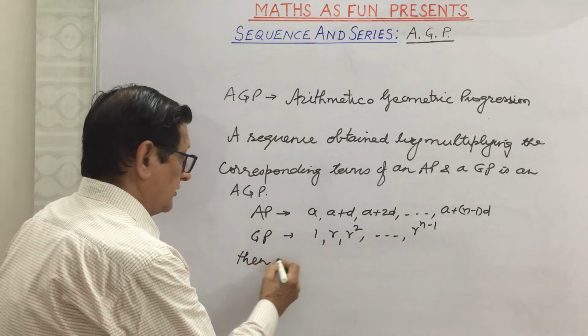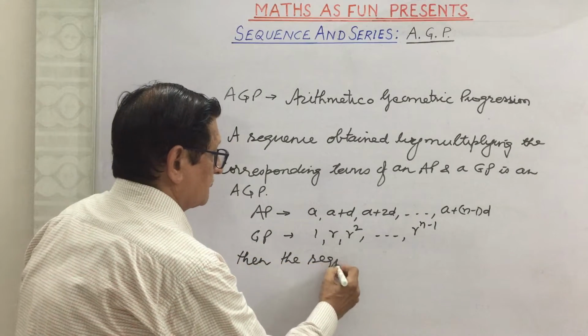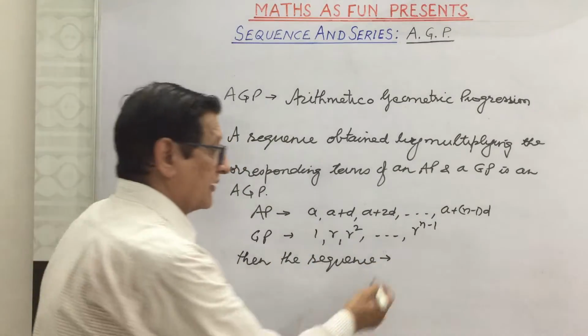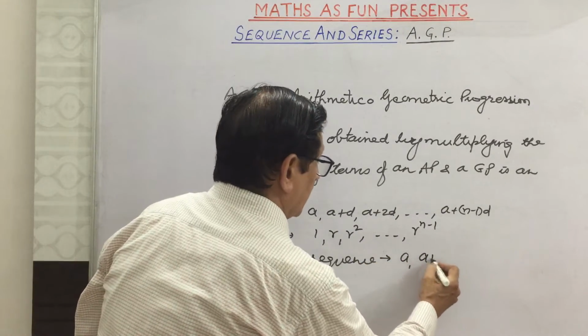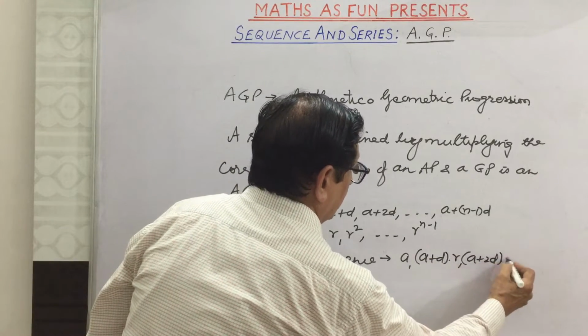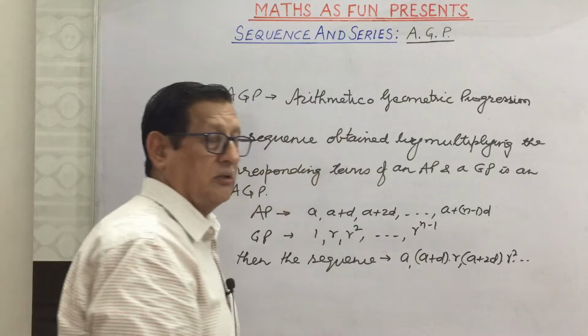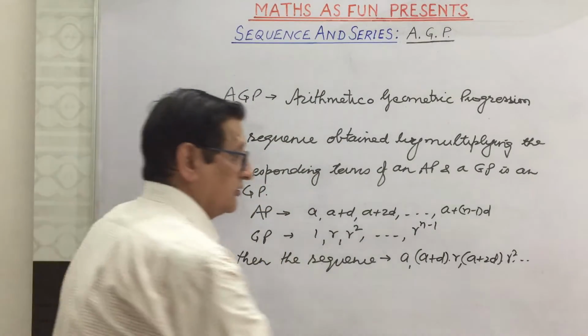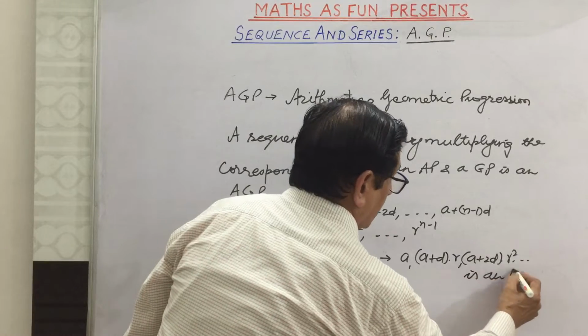Then the sequence by multiplying the corresponding terms will be a, a plus d into r, a plus 2d into r square and so on. What we get is an AGP.